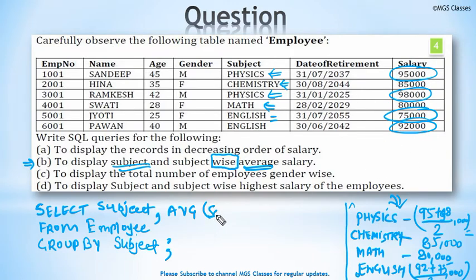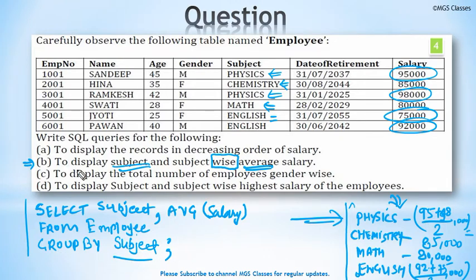The salary column, so we will write AVG salary. Using this command you will get such kind of output automatically. So he is asking for the command, not the output. Okay, remember. To display the subject and subject wise average salary, we need to write: select subject, AVG(salary) from employee group by subject.